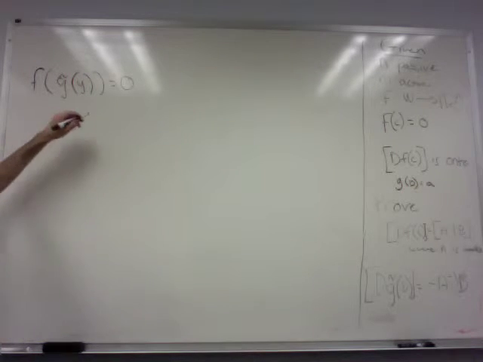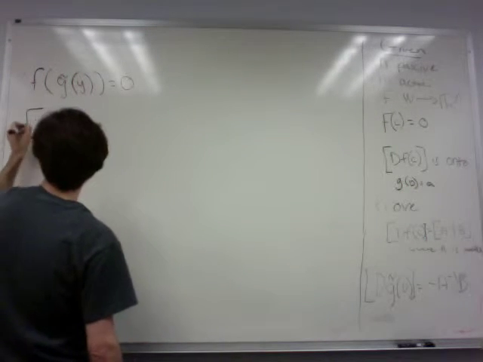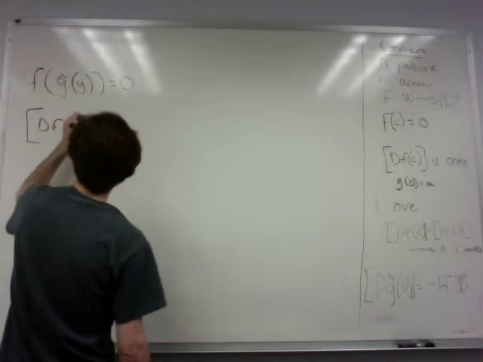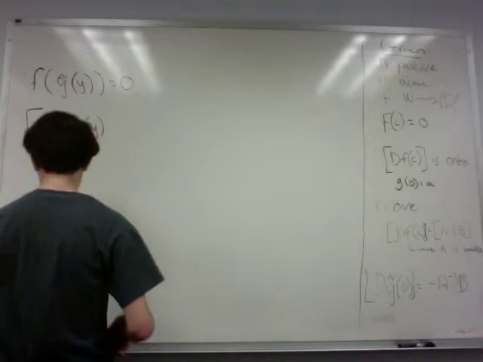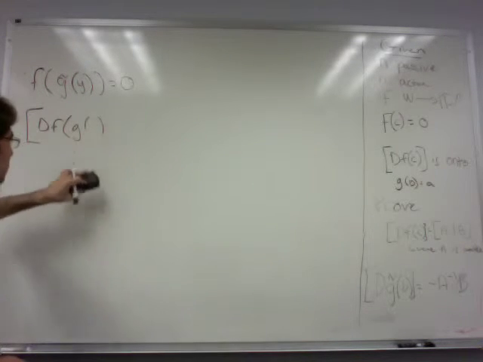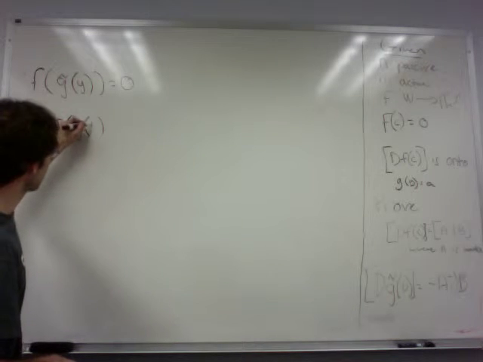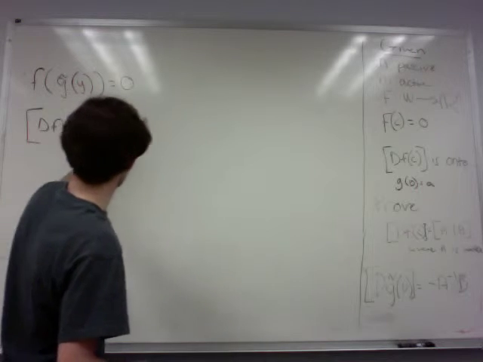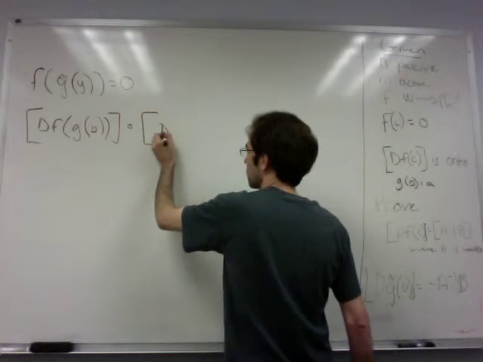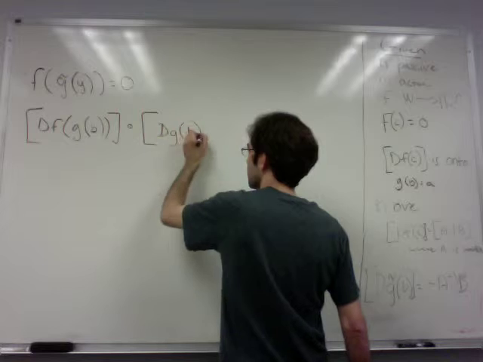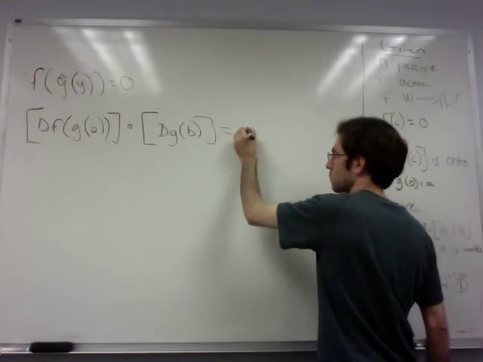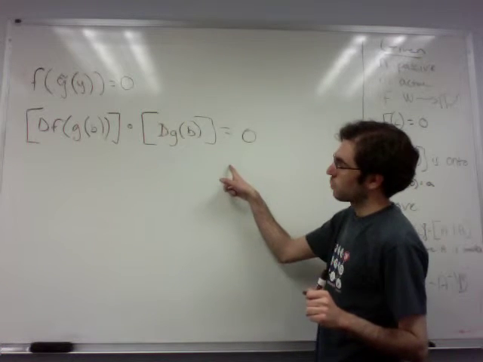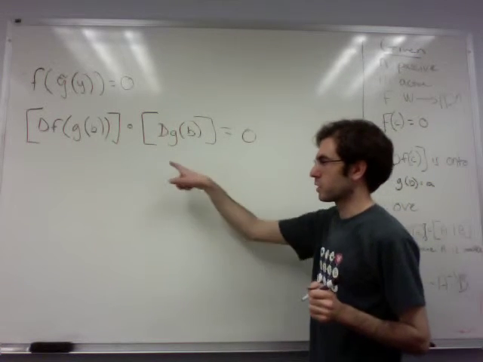So if we take the derivative, then we end up with, using our chain rule skills, and actually I'm going to switch over to using b in here because I'm taking the derivative at a specific point. We know that this is going to be equal to 0. Okay, so both of these things look kind of familiar.